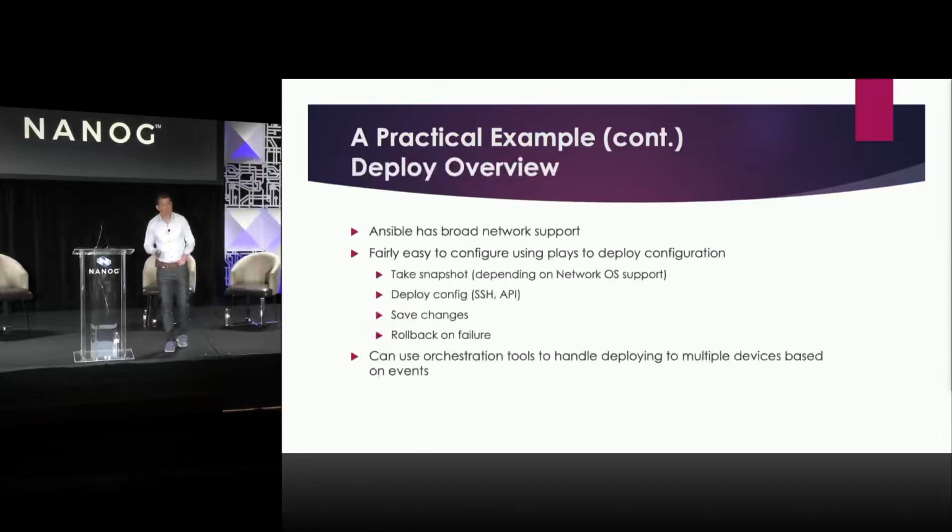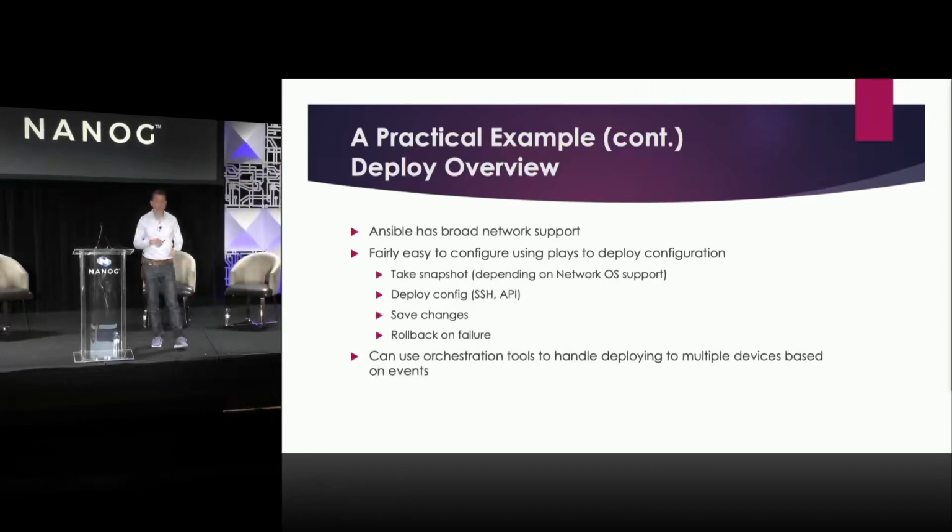So looking at the overview of what just happened and what we could do with that. We can take the automation that we just created, that tiny little piece of automation, and we can layer orchestration on top of that to do more things.